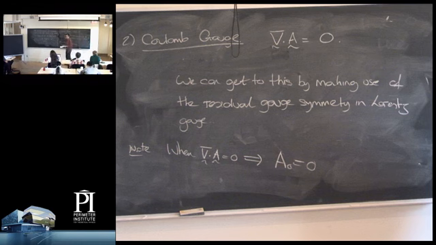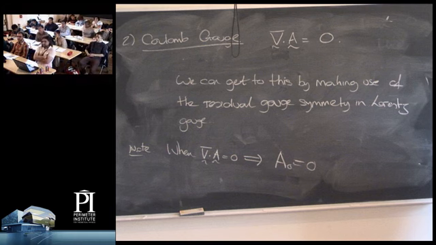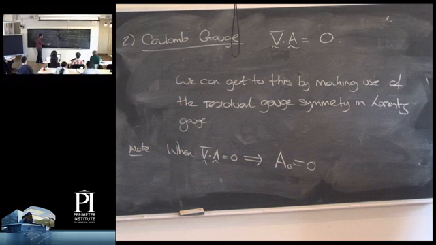So there's only one solution, because what you've got left are things that have to obey grad squared lambda equals 0. There's no minus signs coming here. This is really just the Euclidean Laplacian, and that was the minus sign.